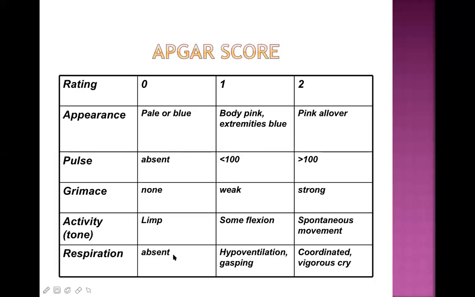The same thing is written here, and in the exam, and probably in your homework also, I'll give some clinical scenarios and ask you to calculate the Apgar score. So please take the help of this table. For example, a newborn we just delivered, when evaluating the Apgar score at 5 minutes, the appearance is totally blue everywhere, the pulse is only 50 per minute, there is very weak grimace, the activity is limp, there is no tone, and respiration is only gasping.